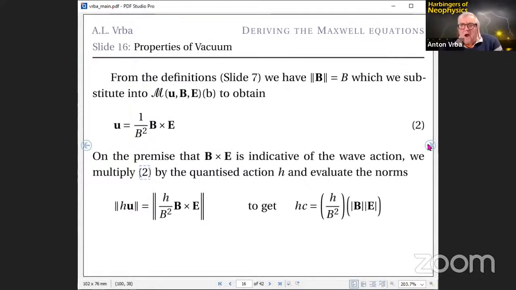Now, I basically take the equation, which is called the vector, u equals 1 over B squared, B cross E. I take the premise that this is indicative of wave action, which is actually the Poynting vector, but it is of opposite sign to the Poynting vector.